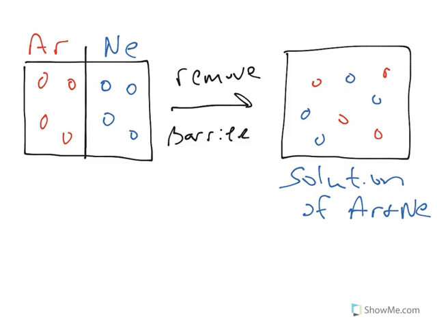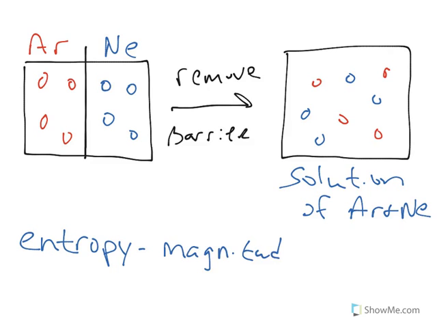And we're not going to get into the formal thermodynamic definition of something called entropy. We'll save that for later, but we're going to loosely define this as the magnitude of disorder in a system.